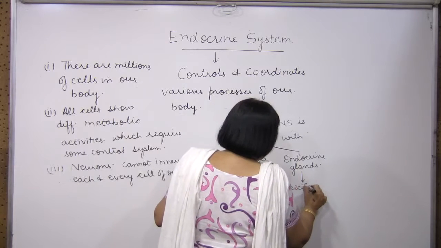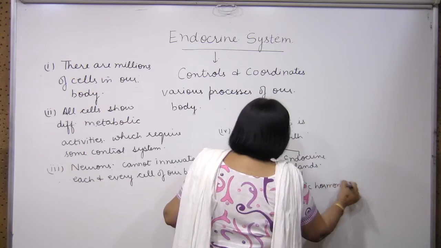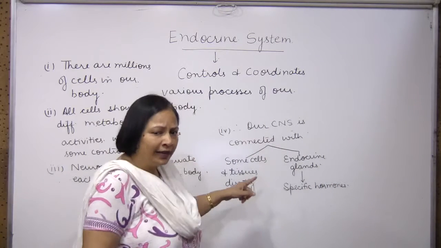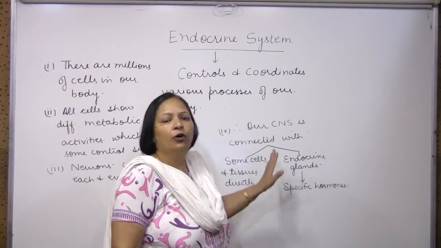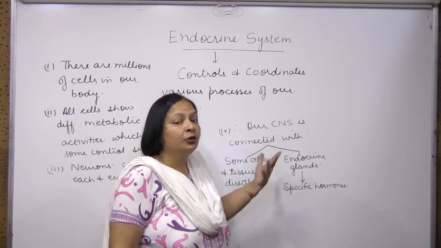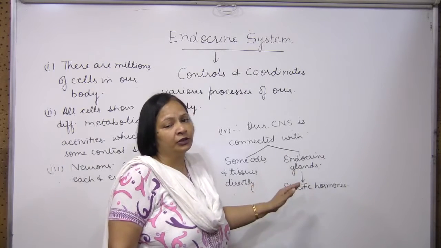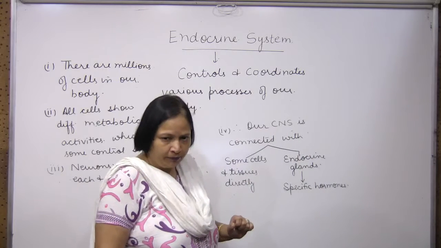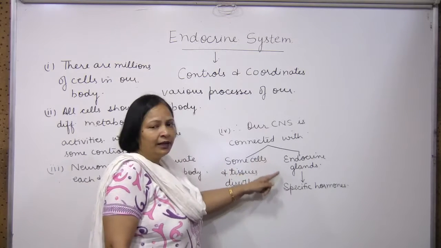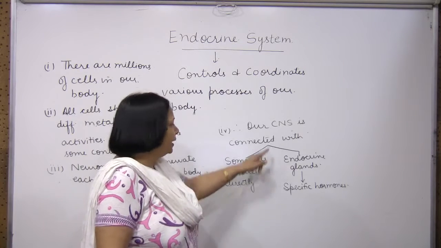One thing, endocrine glands are not functional all the time. Second thing, all the endocrine glands are not functional at the same time. A specific gland may function at one time and another gland at another time. They are activated by CNS.